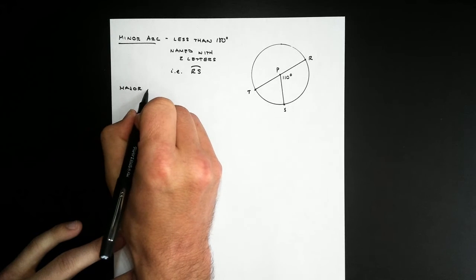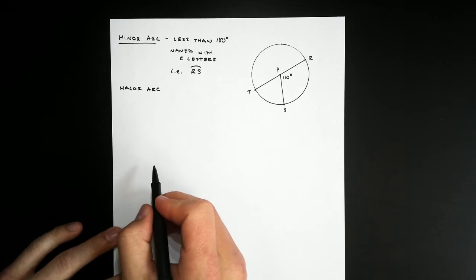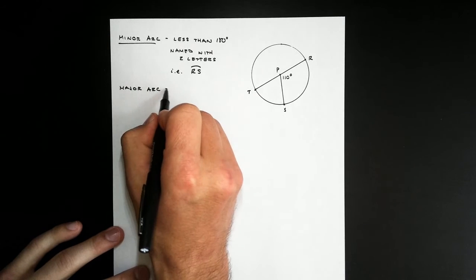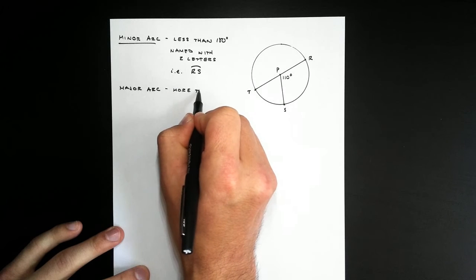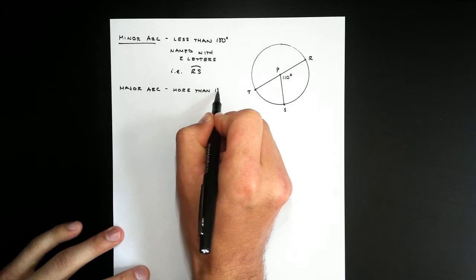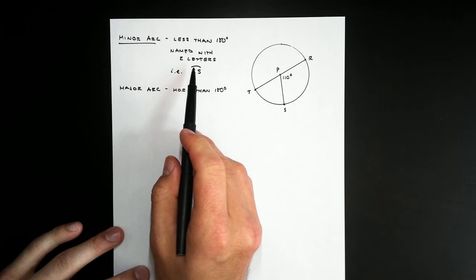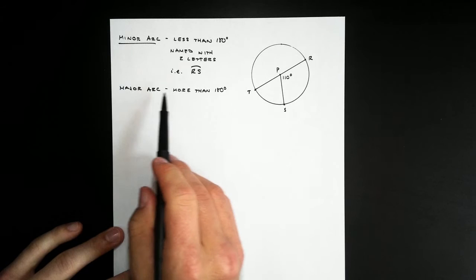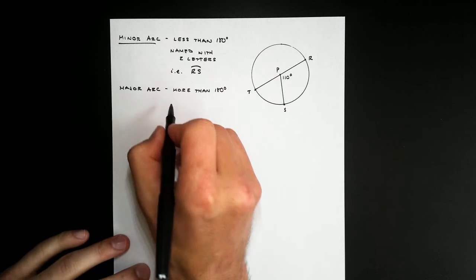Now on the other hand, a major arc, this is kind of the other side of the spectrum. A major arc is something that's more than 180 degrees. So if a minor arc is less than 180, we have the related major arc that would make up the rest of the circle.